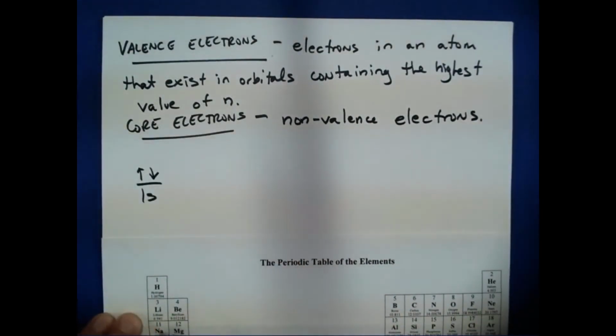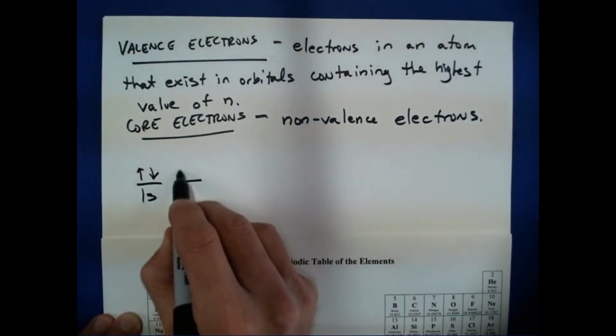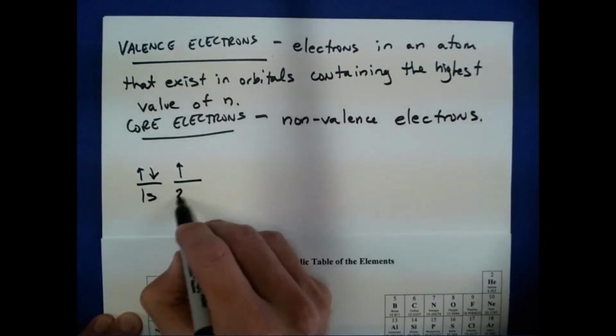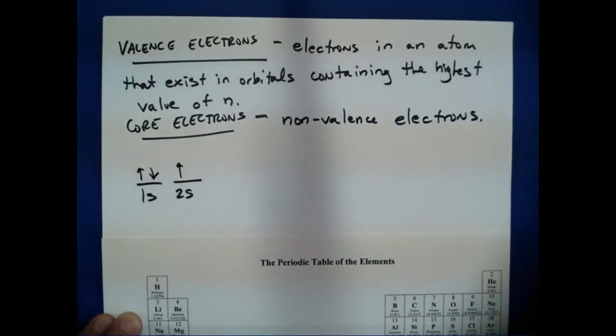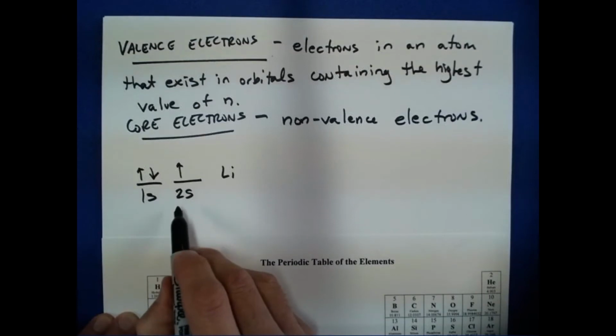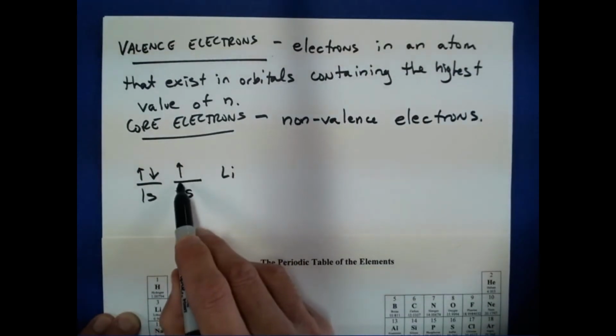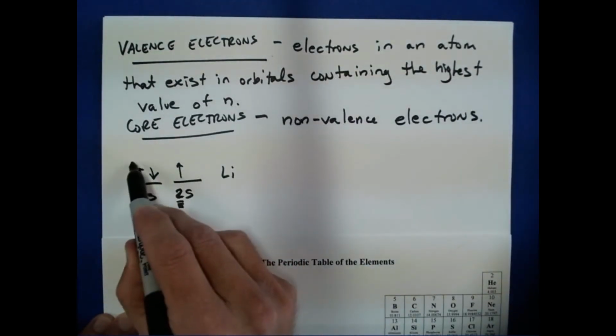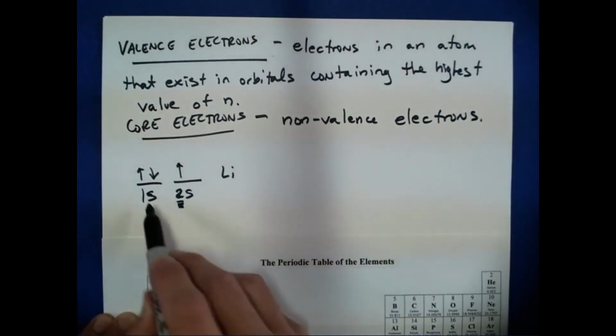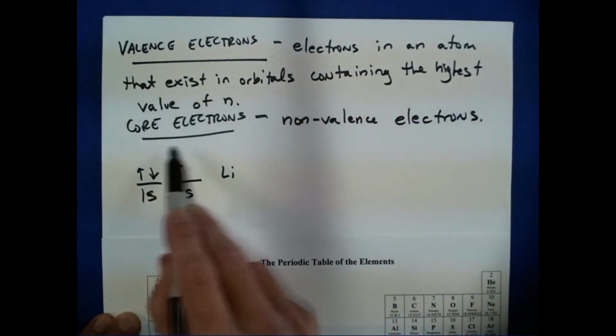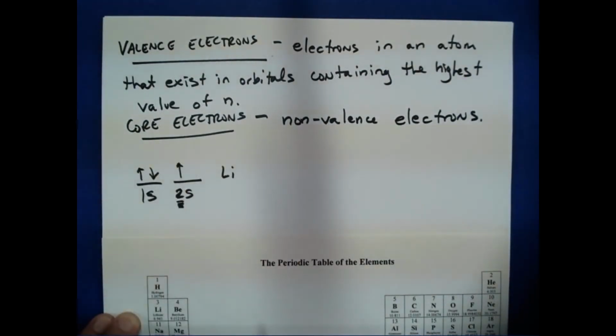And then I drop down to the second period, and again I'm in the s block here, so I'll stick in an electron now for lithium in the 2s. And we see now for lithium, the orbital with the highest value of n is 2. And so this electron here would be the valence electron for lithium. Whereas these two electrons here, in the 1s, those would be core electrons because they're not valence electrons.